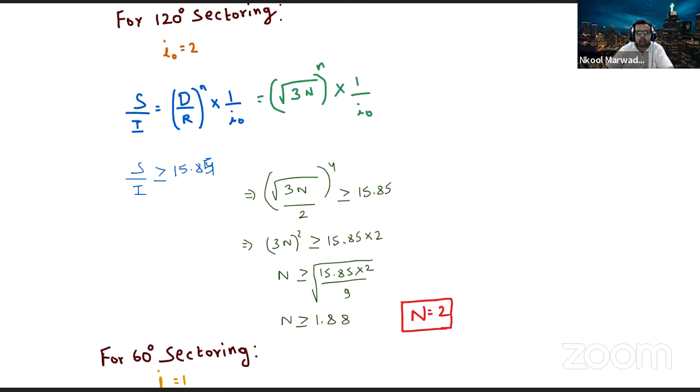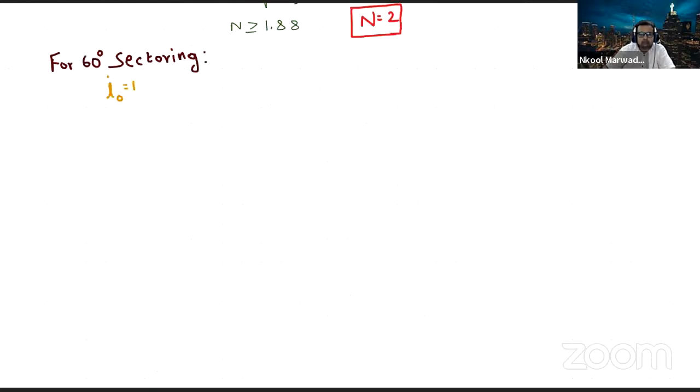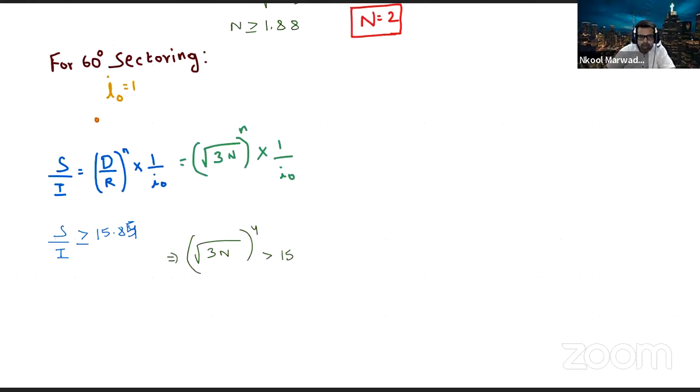Let us quickly do this. Now see, root of 3n by 4 should be greater than or equal to 15.85.